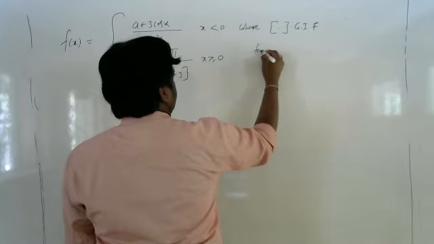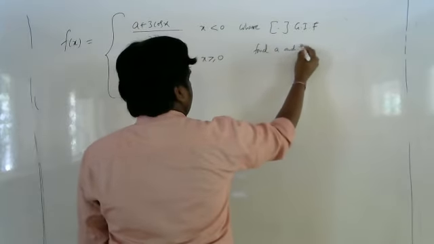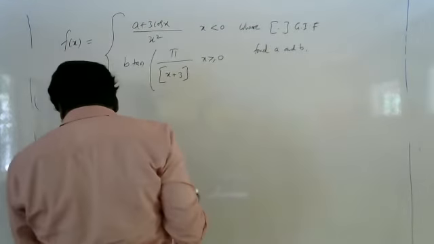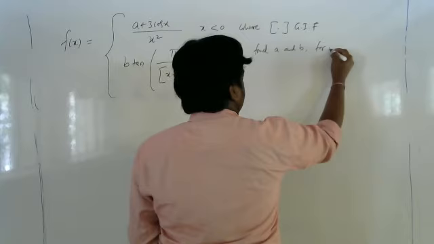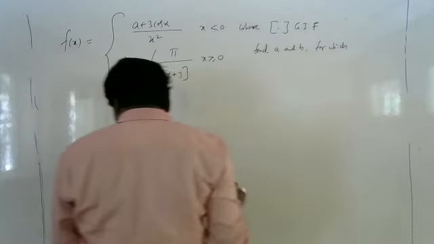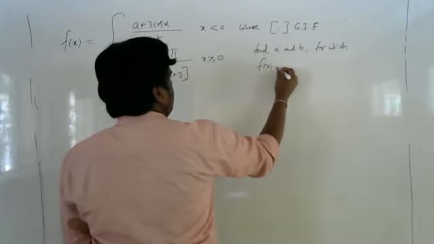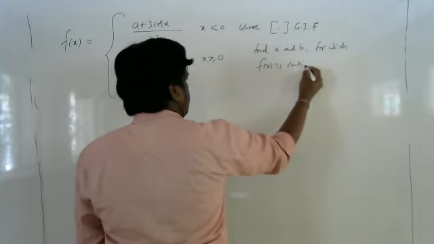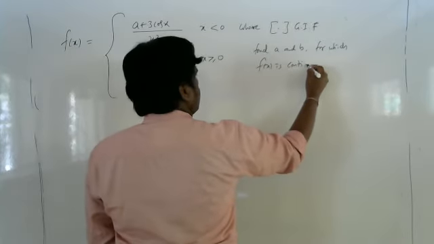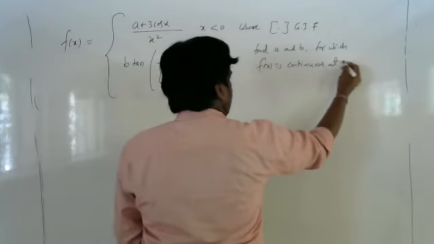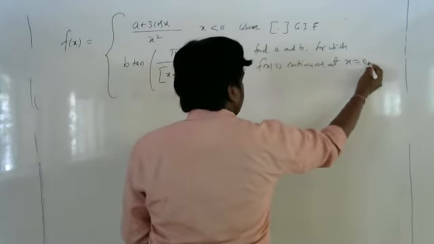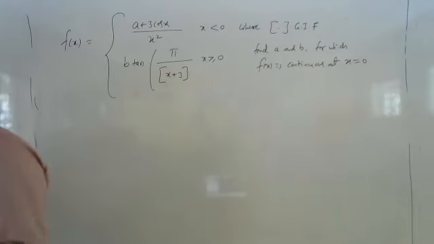Find a and b for which f(x) is continuous at x equal to 0.